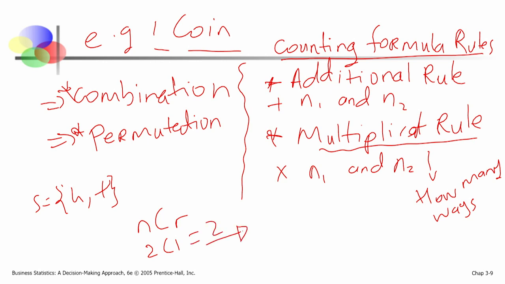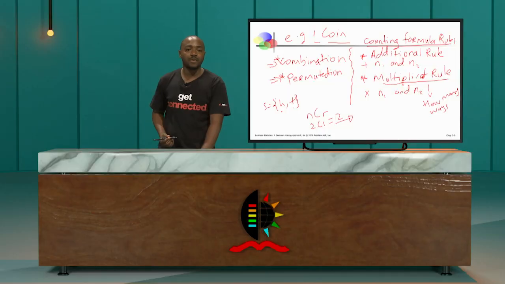Every time before you label your sample space, you need to know how many sample points you are going to have. So it's better to calculate first before you label it. If I know it's 2 and I've drawn only 2 outcomes, I know I'm done.